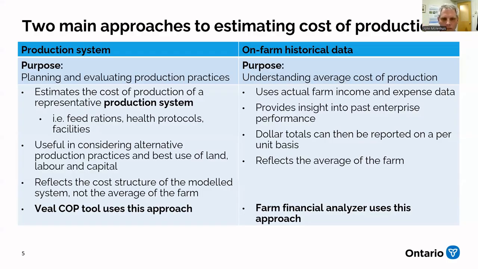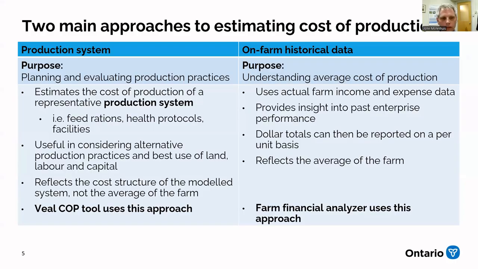Because those tend to be a little bit difficult to come up with on an enterprise basis, because they're not directly tied to the production of a specific enterprise. It's just shared across several enterprises, but historical data can help to inform some of the numbers used in that production system, the budgeting tool side of things.